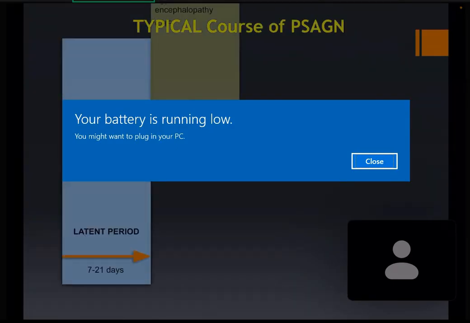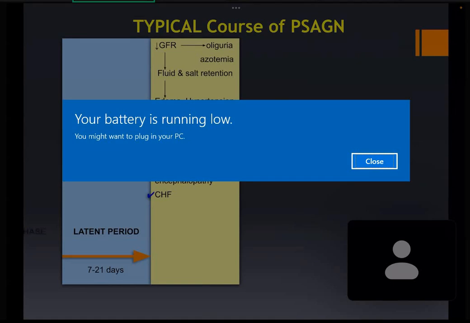Now, the typical course of PSGN starts with the latency period, which is around 7 to 21 days. And then after the 7 to 10 days, this is the time that the patient becomes oliguric, when they have a critical condition. They are already in the overt manifestation of acute glomerulonephritis.